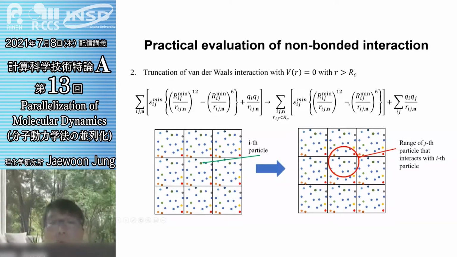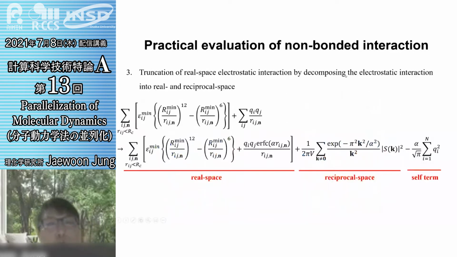But this way is applied only for van der Waals interaction. For the electrostatic interaction, this is just one of all interactions, and we couldn't apply this kind of threshold. Then, how do we evaluate the electrostatic interaction?